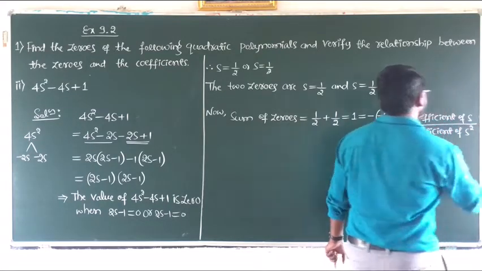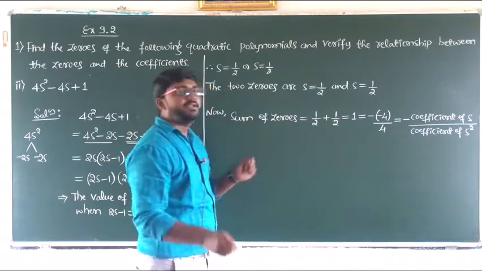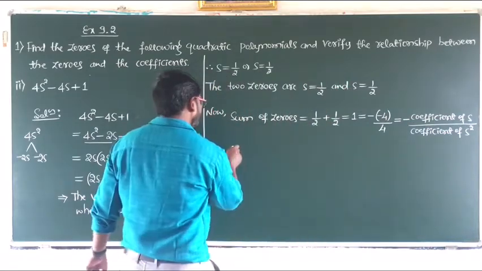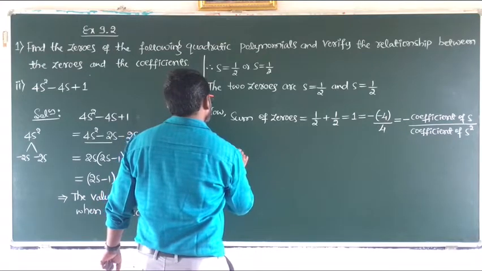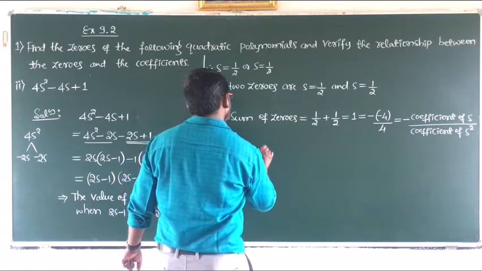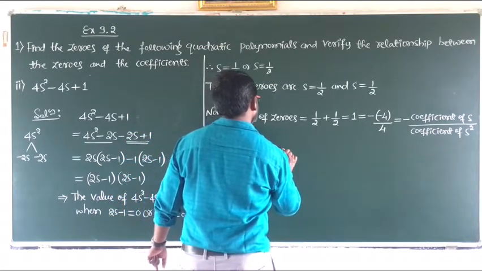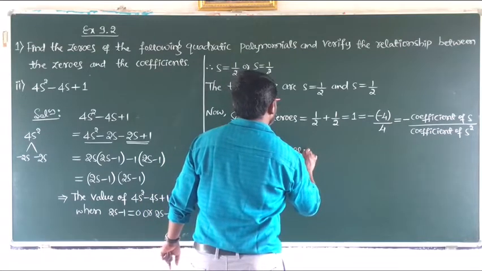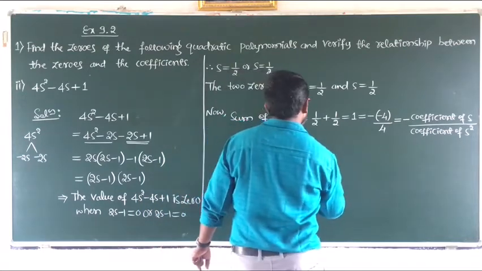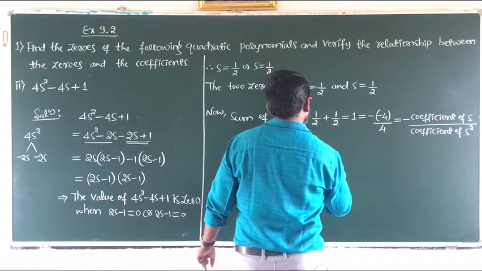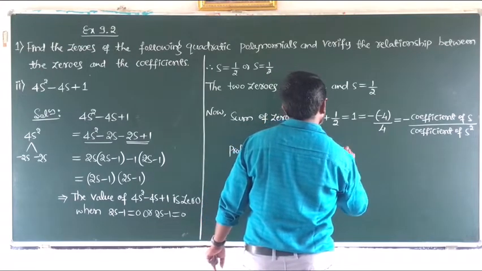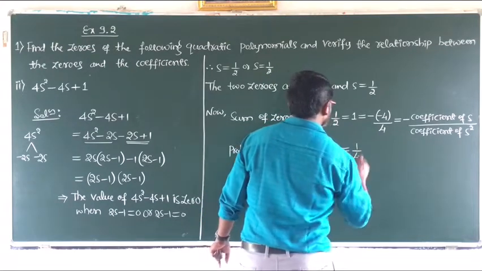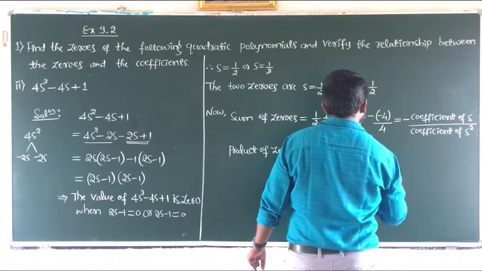S square. So, this is all about the sum of zeros. Next, I will go for the product of zeros. Product of zeros is equal to 1 by 2 into 1 by 2, this will be 1 by 4. So, now 1 by 4 can be written as, what is 1 here?